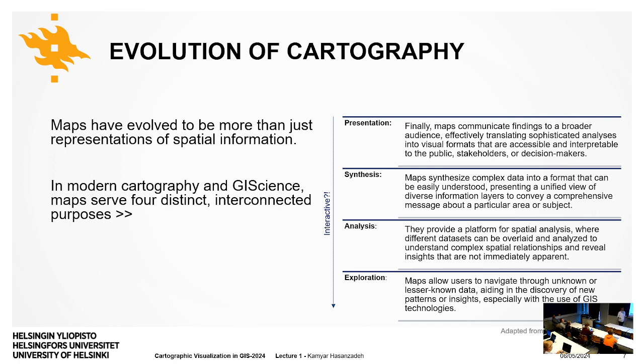If you have different kinds of data, you can combine them and create new data sets in new formats. So cartography has evolved from something that is mostly for presentation to something that also allows you to manipulate the data, do analysis, and explore the data, of course, with the help of interactive tools.